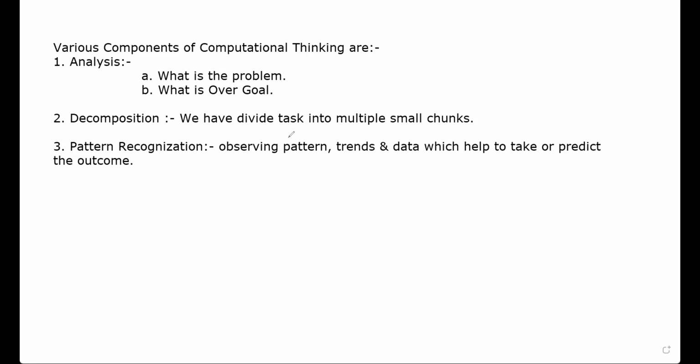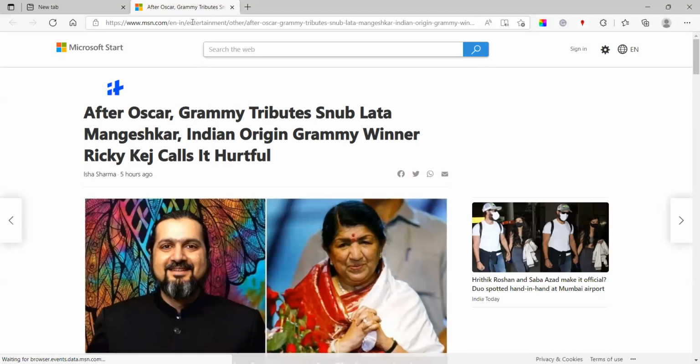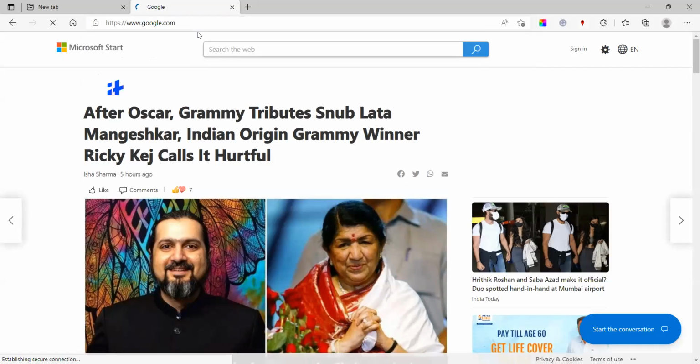Okay, I'll tell you how you will find this. Just wait for a second. I'll tell you the meaning of this. Suppose I want to share the screen and find out the meaning of pattern recognition.